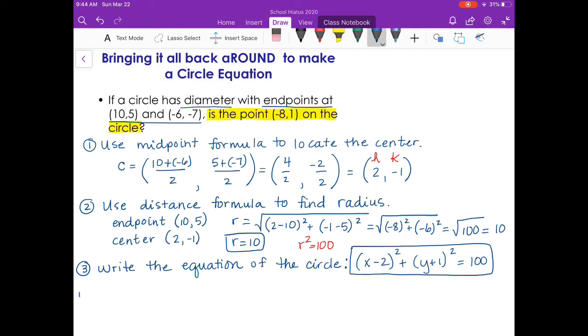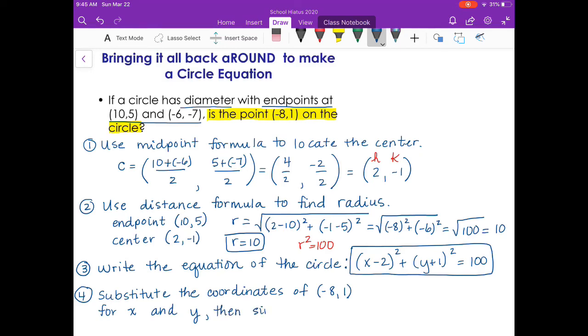In order to determine whether a point lies on the circle, we'll have to substitute the coordinates of that point into our equation and verify that it creates a true statement of equality. Using the circle equation we created, we'll substitute -8 for x and 1 for y, and then simplify the left-hand side of the equation.